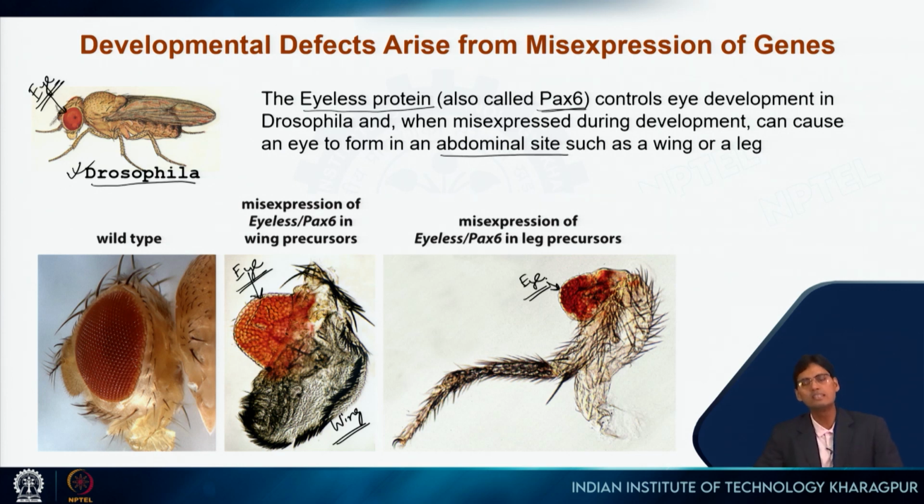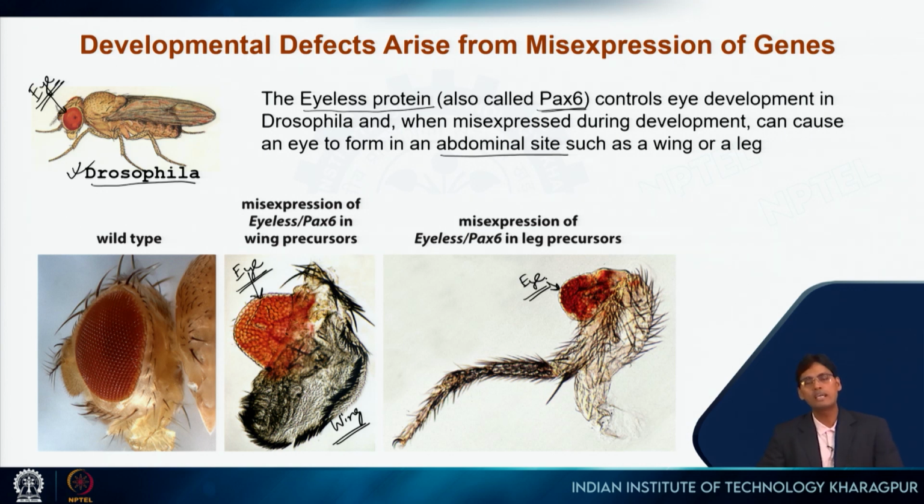Now the point is not just misexpression of this eyeless protein in Drosophila. Scientists observed that the homologue of this protein, the same or a similar gene which is responsible for the development of the eye in other animals, if that is misexpressed in a transgenic fly, this will also result in a similar scenario.